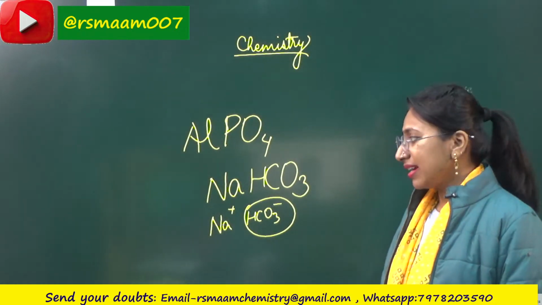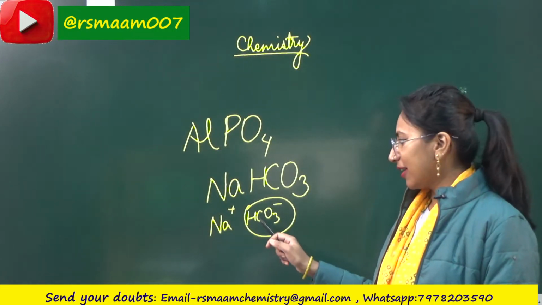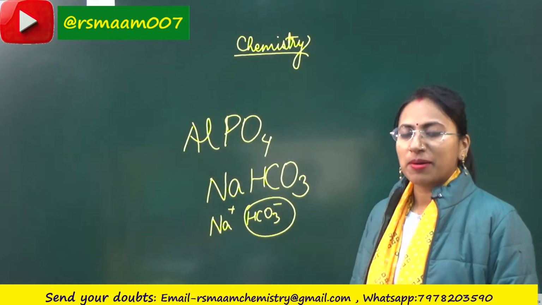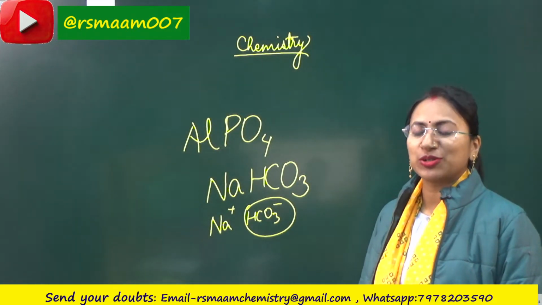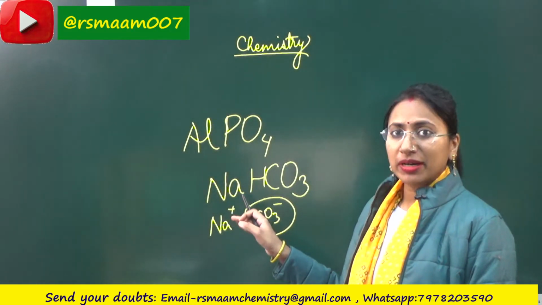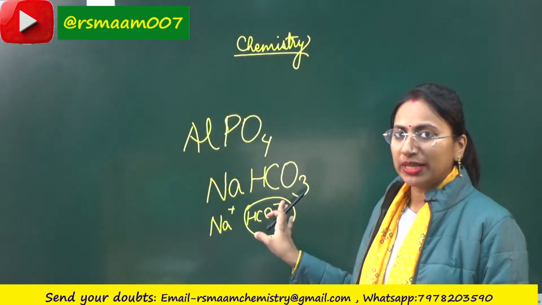Bisulfate ion. Sulfate has sulfur in it. I don't see any sulfur. Bicarbonate. Good. This is sodium bicarbonate, or there will be an alternate name also for this particular compound. What will it be?